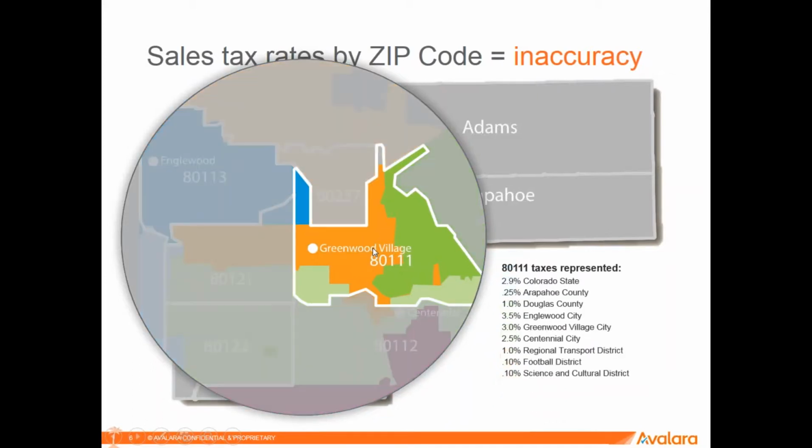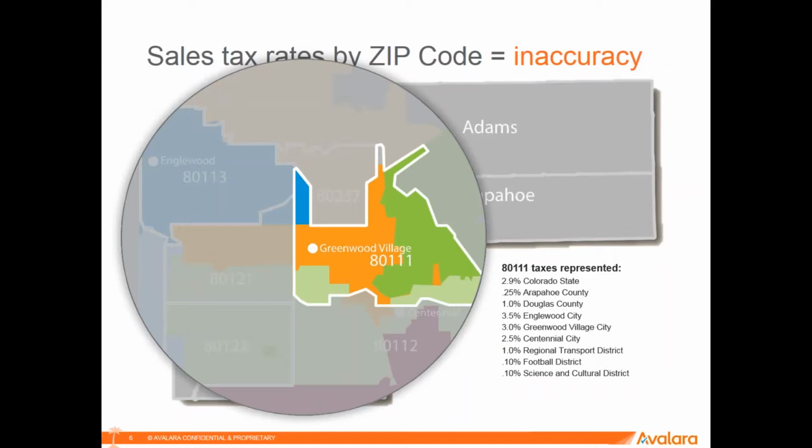So if we drill down a little bit further into that very specific area, you're going to see the different tax complexities for this one zip code in Colorado. There's 11 different tax assessments based on the different counties that fall into this single zip code.